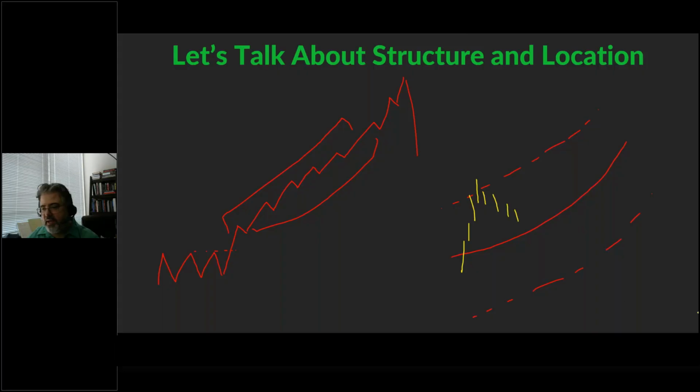In terms of where I actually want to think about putting the trade on, most of the good pullbacks to buy will happen somewhere in this range, between the moving average and the upper Keltner channel. We're going to talk about specific entry points next week. I just want to get your brain thinking about it.